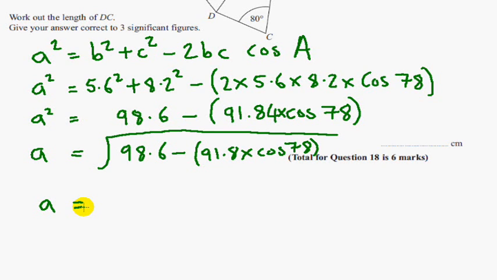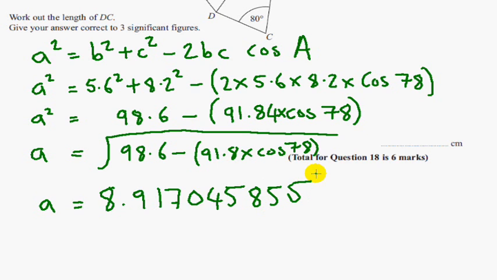Technically, you don't need brackets there because of BIDMAS. I'm going to square root that number, and it gives me 8.9170458555.